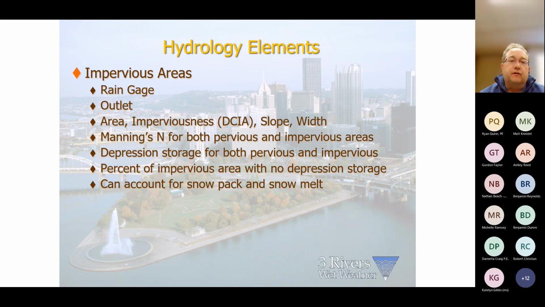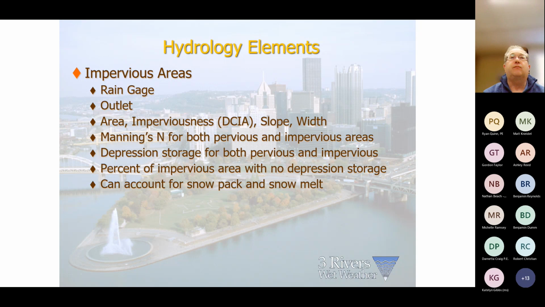Yeah, Sam brought up that quite often depression storage, or initial abstraction as another term for that, can be something you could identify as a calibration tool. He's seen a couple of places with cobblestone roads and things along those lines that will create quite a bit of ponding within your subcatchment, and that can be a parameter used to adjust for it. Typically, if you're looking at detail, your modeled versus metered, you'll see a delayed response, which would be an indication that depression storage may not be accurate.